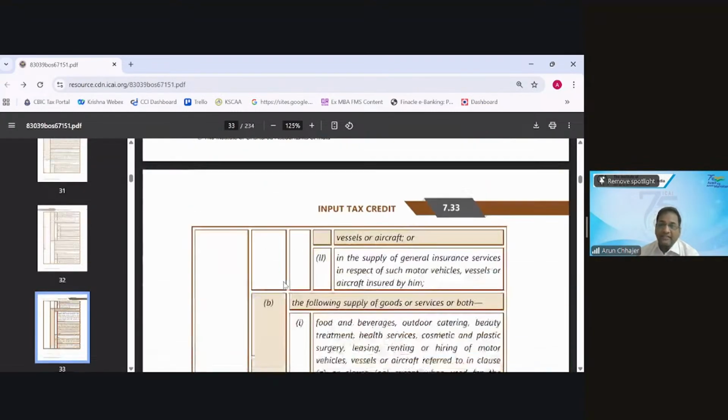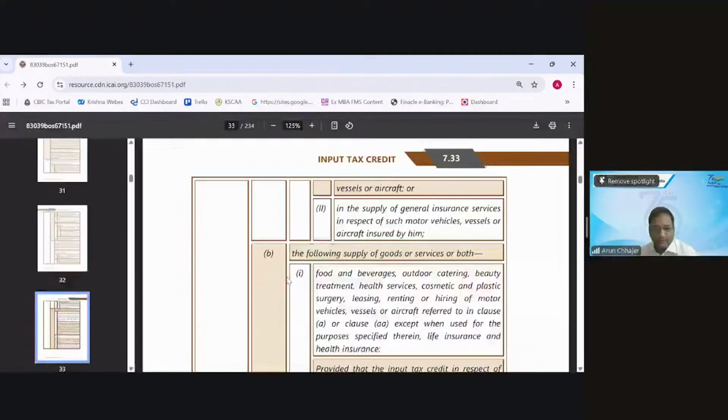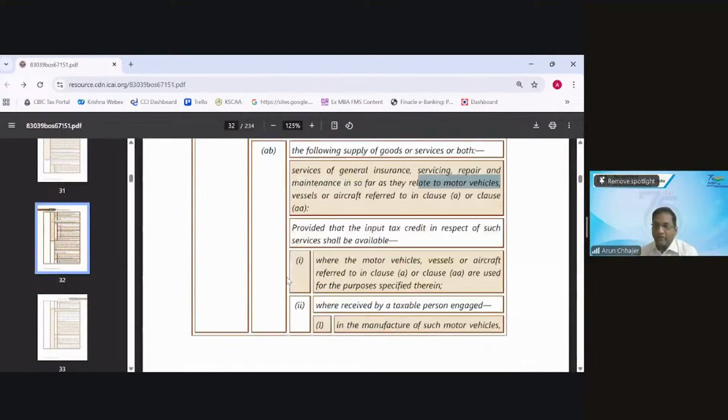Again, they are saying some exceptions are there, the proviso they have written. We'll discuss the proviso.